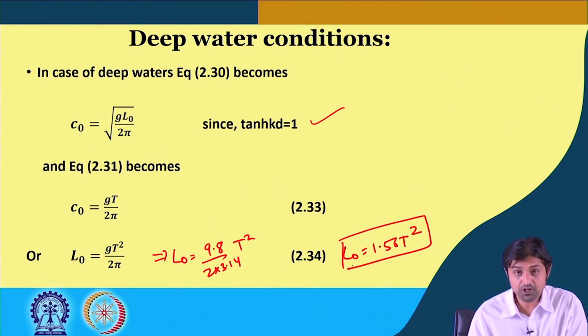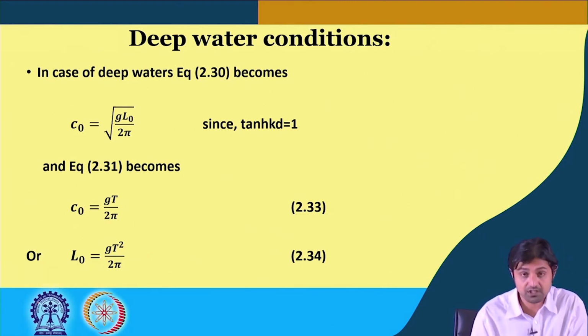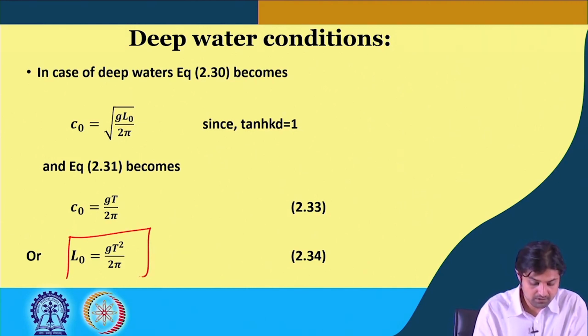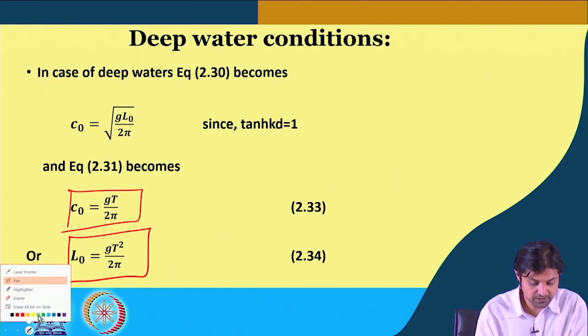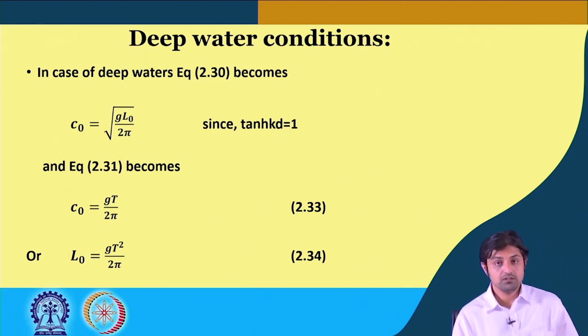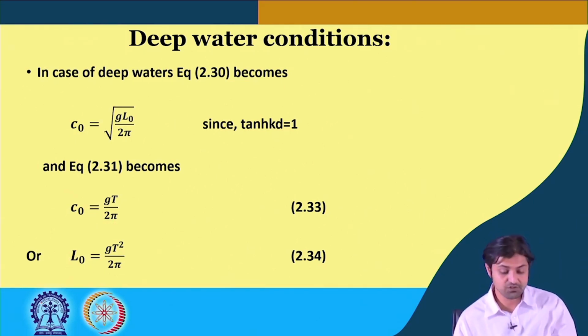So, in deep water, if we know the time period of the wave, wavelength can be simply derived as 1.56 times T squared, a very important result. Also the wave speed C naught is g T by 2 pi, which is 1.56 into T. You see how we have applied the findings to the case of deep water.